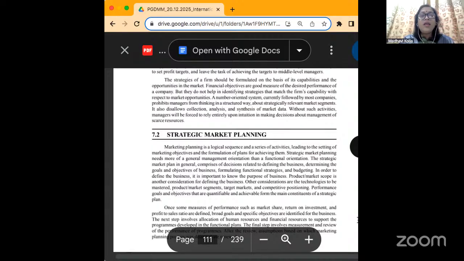We know clearly on the books whether the company is making a profit or not, but they do not help in identifying strategies that match the firm's currently followed by the company. What is their structured thought process? What are the relevant market segments? What is the collection, analysis, and synthesis of market data? Because all that is not captured in a financial document.